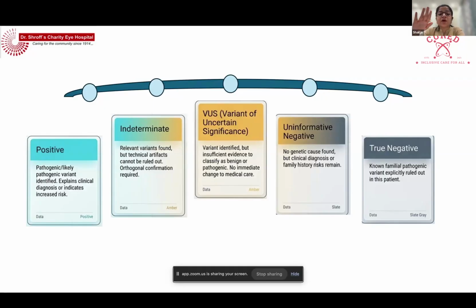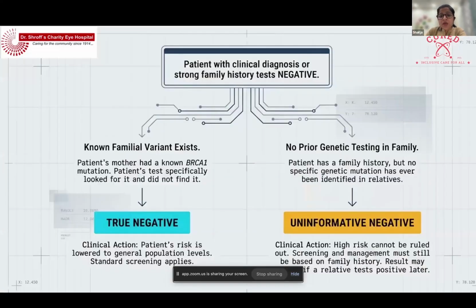So these three things are quite clear. But in negative, there are actually two types of negative. One is an uninformative negative, and one is a true negative. Now, when a patient with a clinical diagnosis or a very strong family history tests negative for a particular variant which has been detected in the family, and you do a specific test for it and it is negative, only then can you say that it's a true negative.